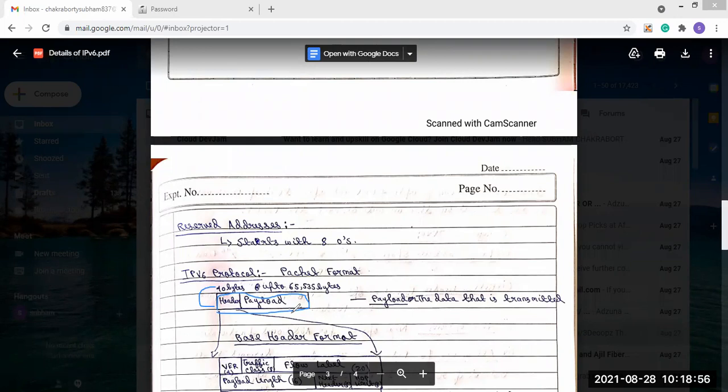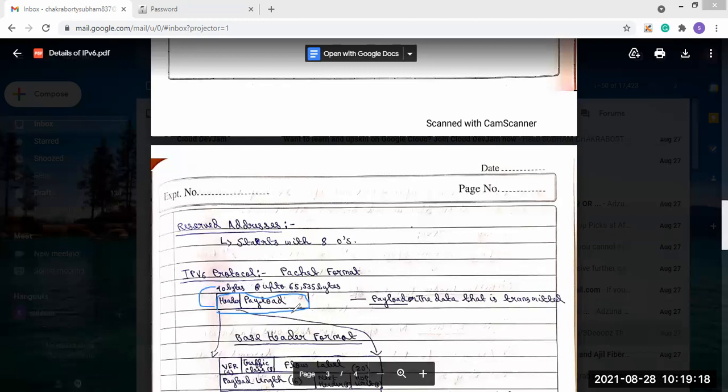That's why we say that the IPv6 packet length is much more than the IPv4 packet format.